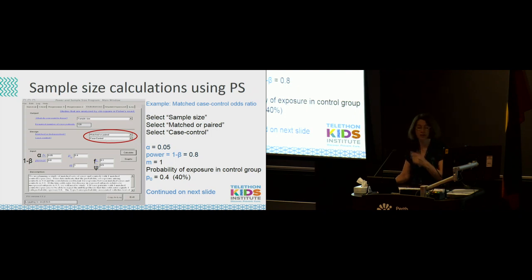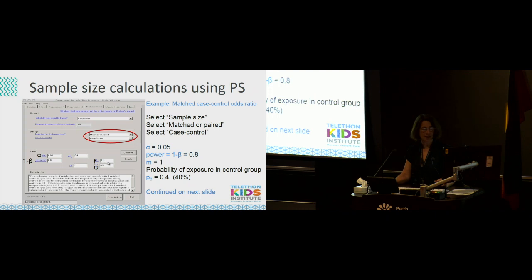If you select case control from the next drop-down window, this time we enter your alpha and your power. You put in the proportion in the baseline group. So again, 40%, equal allocation.